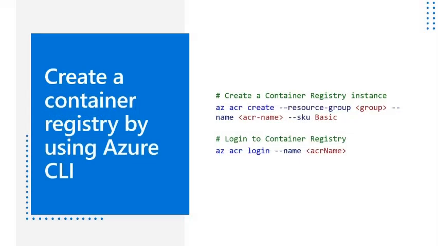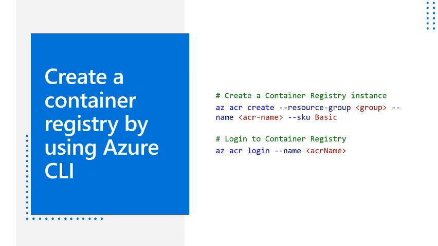Next is creating a container registry by using the Azure CLI. So now we need to create a registry using the CLI, with az acr, which is Azure Container Registry.